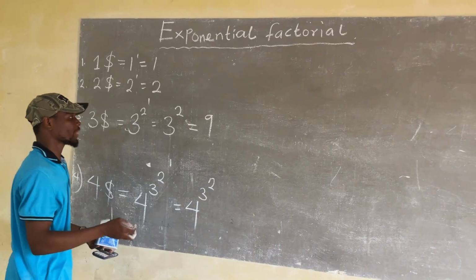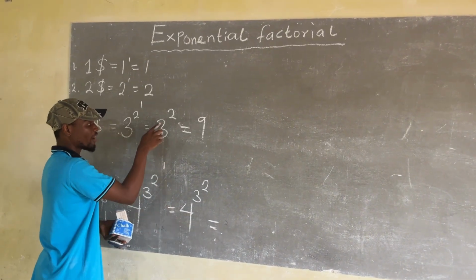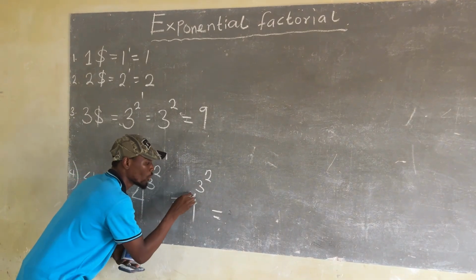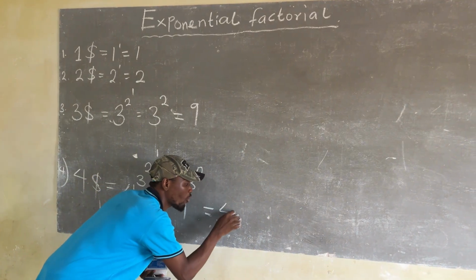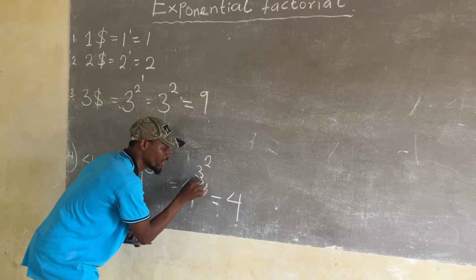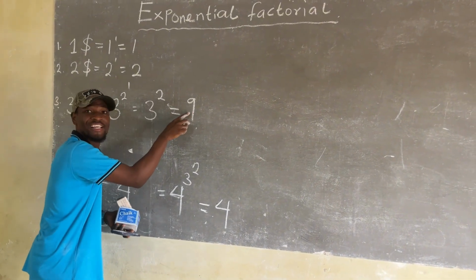Then, viewers, you realize that we have 3 raised to the power 2. So we have our 4 here, which is the 4 over here. Now, what is 3 to the power 2? 3 raised to the power 2 is equal to 9.